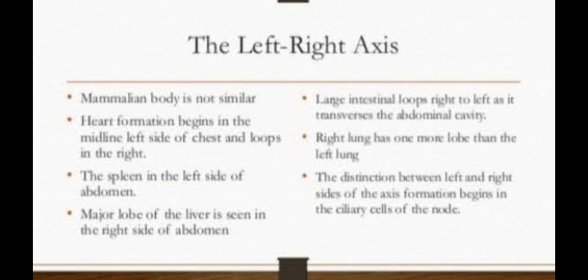Mutations in mouse have shown that there are two levels of regulation of the left and right axis. First, a global level.